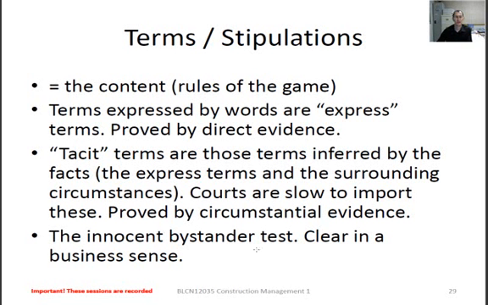Innocent bystander tests, this is the Getafix character out of the Asterix and Obelix books. The old guy standing next to the road, how is he going to call a decision? The innocent bystander test doesn't understand or have prior knowledge of that contract. How would he react in that tacit case?